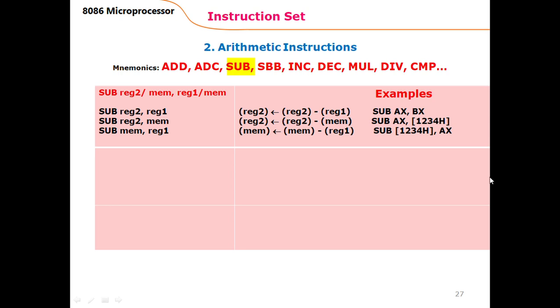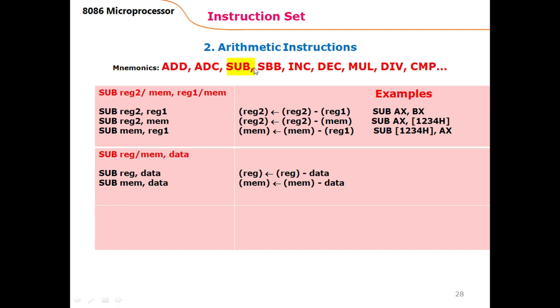Similarly, the destination of the result can be a memory location, where the content in this register is subtracted from the content of this memory location, and the result is stored back into the memory location. For example, here the 16-bit content in the AX register is subtracted from the 16-bit content in the data segment location addressed by this offset address, and the result is stored back into the same location.